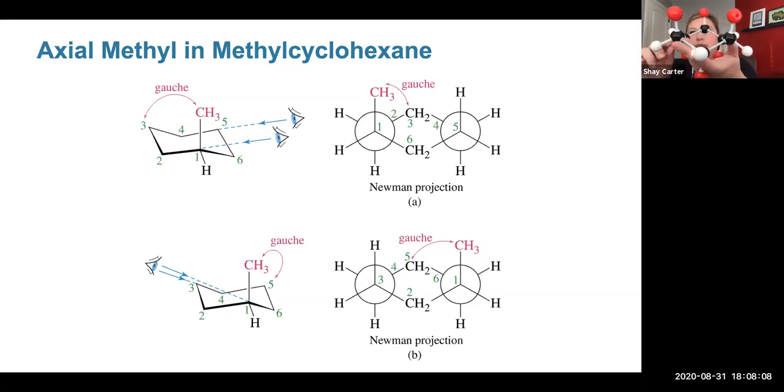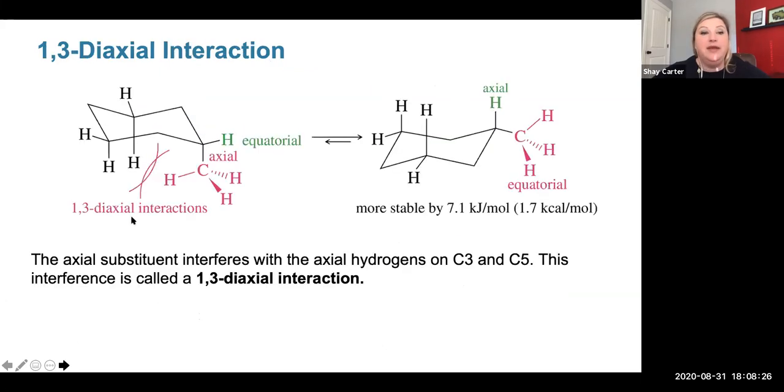But if we look down the bond, it actually causes it to be 60 degrees away. Okay, so this methyl group is 60 degrees away from the ring carbon. And because of that, it's not the best place for a bulky group to be. A bulky group prefers to be in an equatorial position.